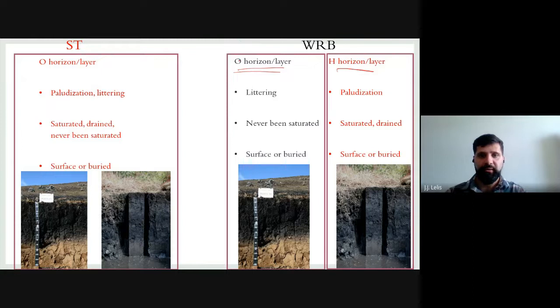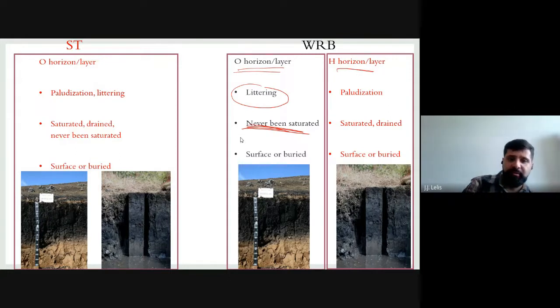We can identify the O horizon or O layer that is formed only by litter, always formed in conditions where we don't have flooding, we don't have so much water, we don't have reducing conditions. We have a lot of oxygen that helps the material to be decomposed, but some other condition in the landscape helps favor the accumulation of organic matter, like temperature.